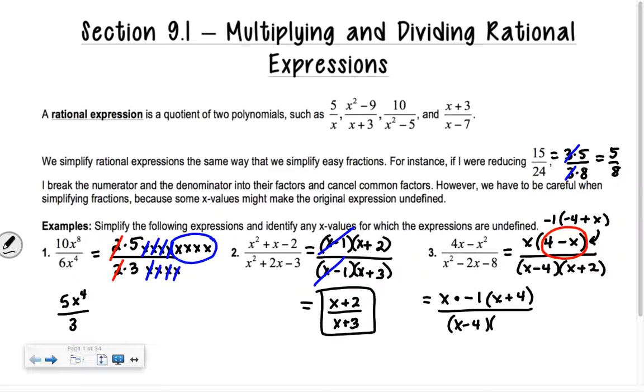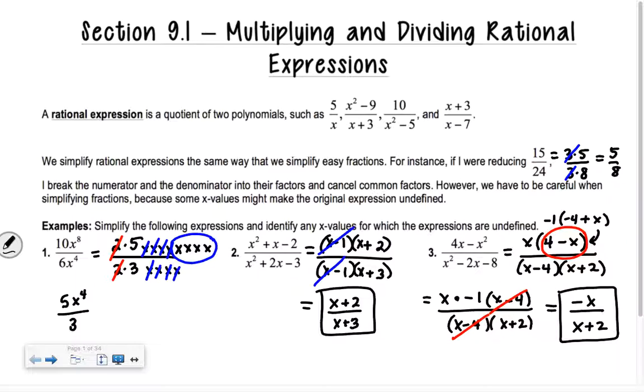Or, yeah, oh, x minus 4. Darn. X minus 4. Eric got a bonus point. He caught me. All right, and then on the bottom, I have x plus 2. So now can we cancel? Yeah, we can cancel that x minus 4, right? So our final answer is going to be -x on top over x plus 2. Done.